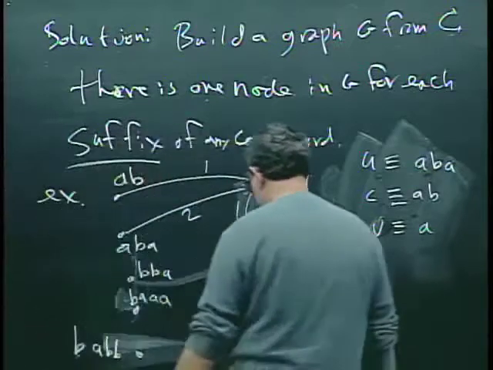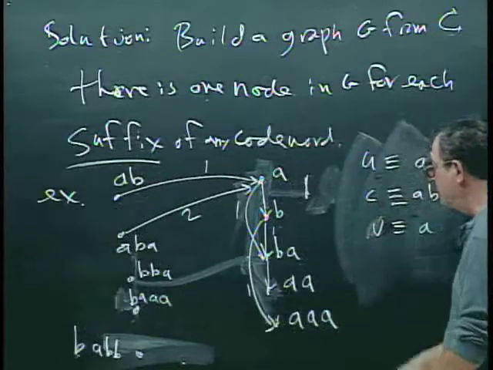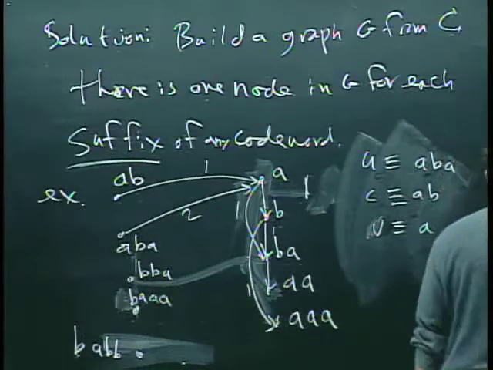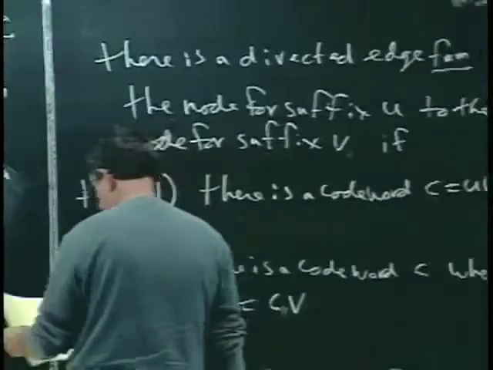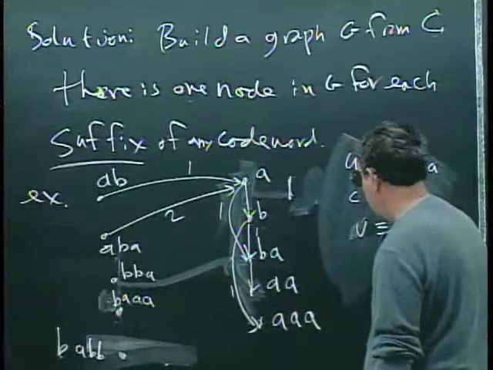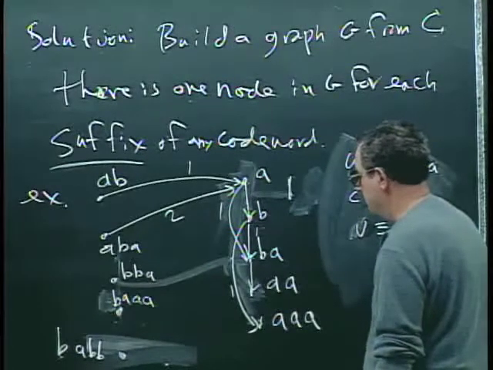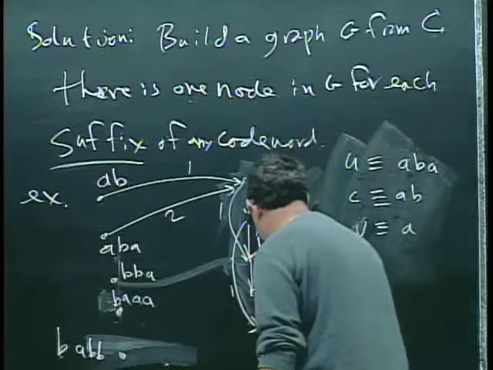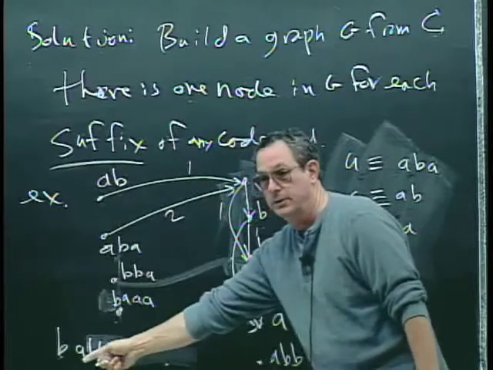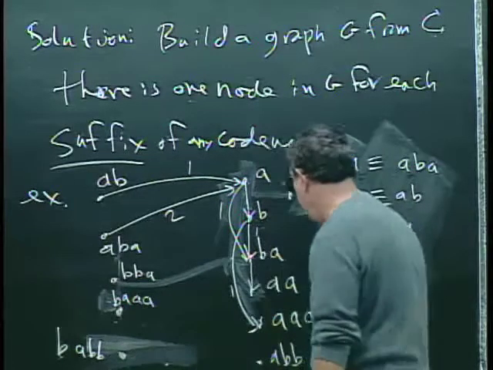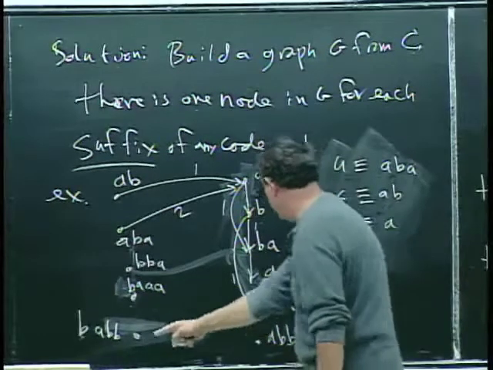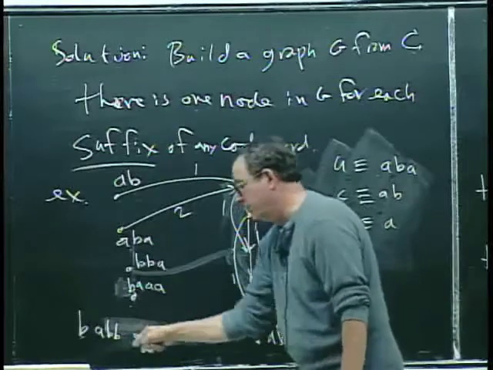So if I have BABB, now what additional edges do we have? Well, according to my notes, we have ABB to B. Where's an ABB? Oh, we have some new suffixes now too, right? That's a new suffix because it comes from there. And we have a new suffix which is BB also. So B we already had, BB, ABB, and then BABB.